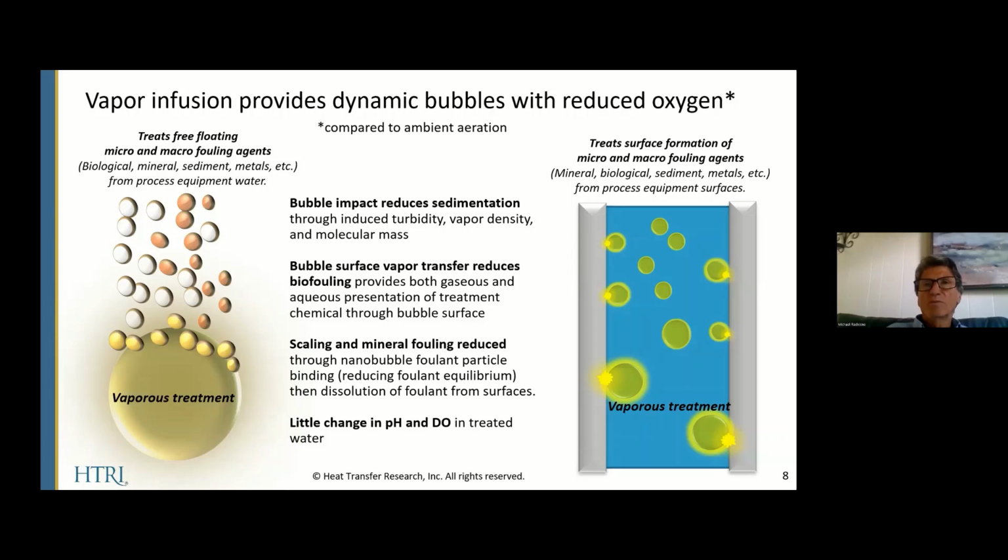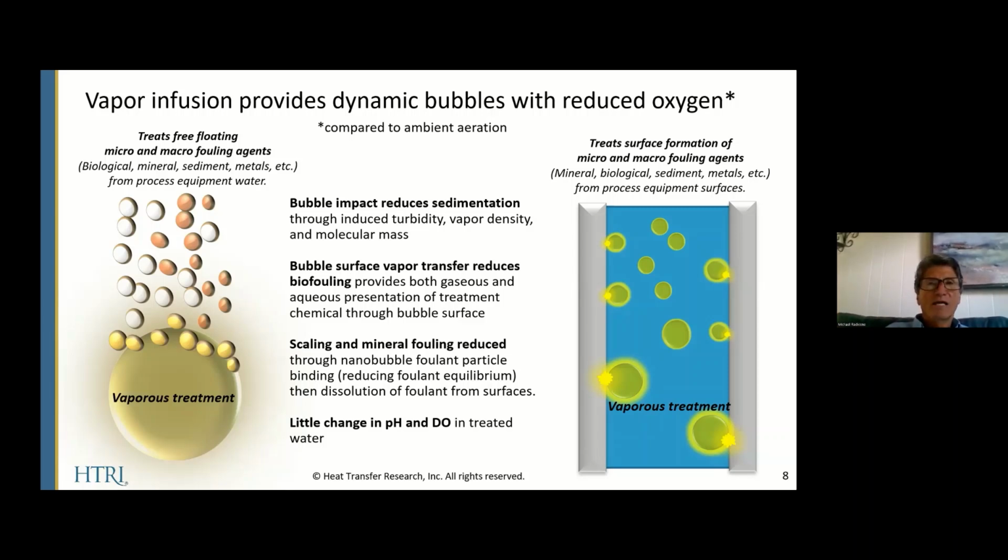Because the chemical treatment is preserved within the nanobubble, and because the bubble surface is almost insoluble, we don't present to the fluid volume a high level of dissolved oxygen. This thus will prevent the potentially corrosive effect of dissolved oxygen and will prevent the formation of a biofoul within the solution.